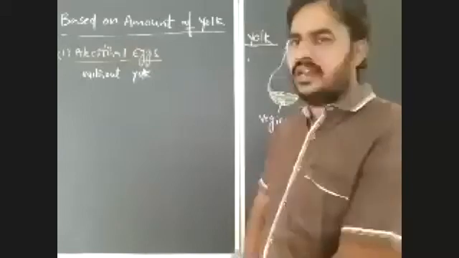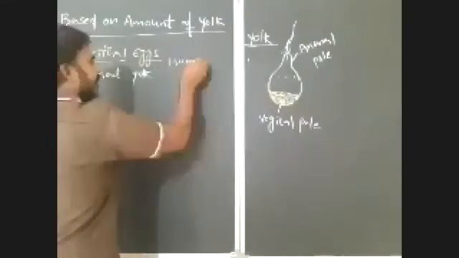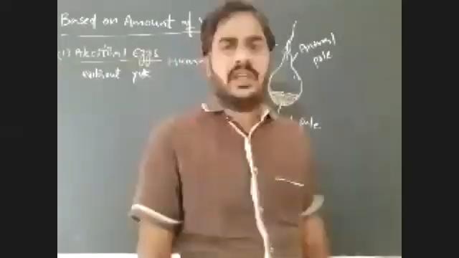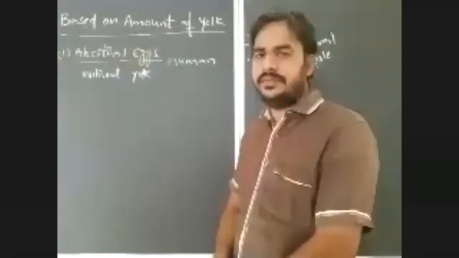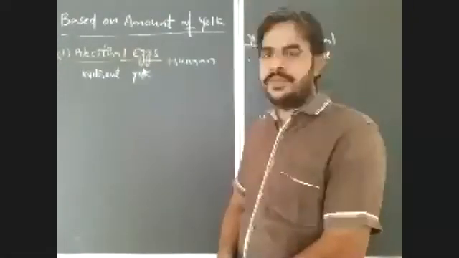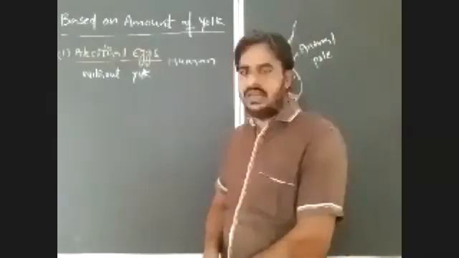In which type of animals will we find this type of alecithal eggs? In human, which type of eggs are there? Alecithal egg. So the human egg is alecithal egg. That you have to remember. Important thing. Already we discussed the structure of human egg. Which type of egg is this? It is alecithal egg.